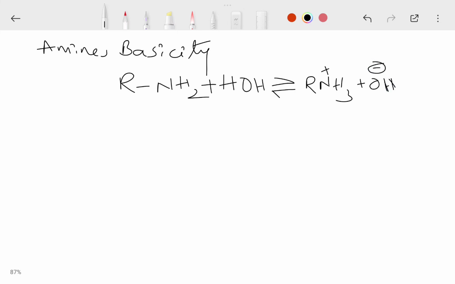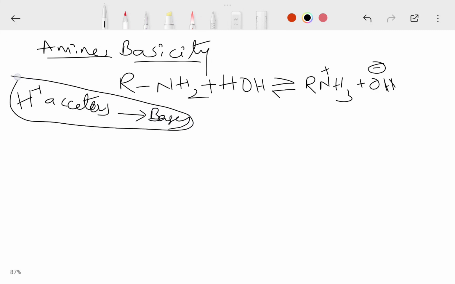Proton acceptors are called bases. Amines are bases because they are proton acceptors.